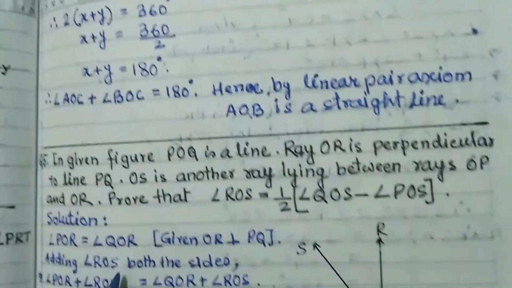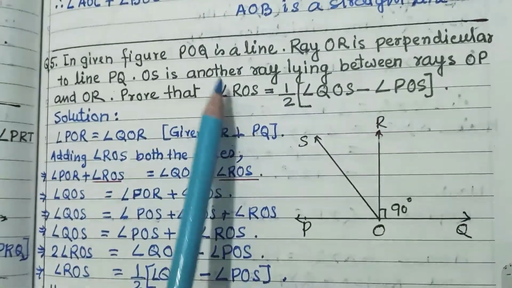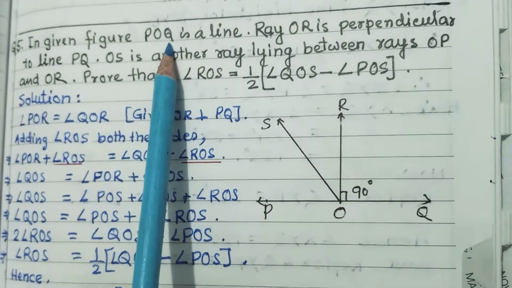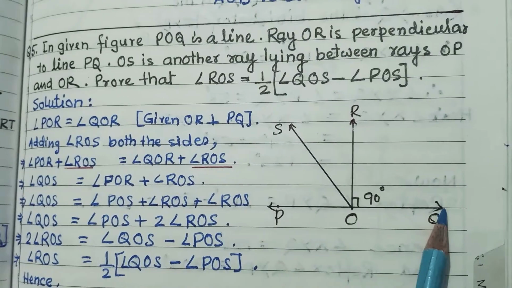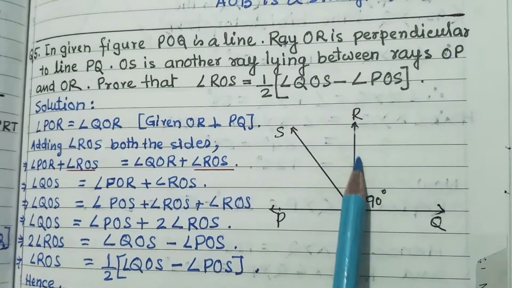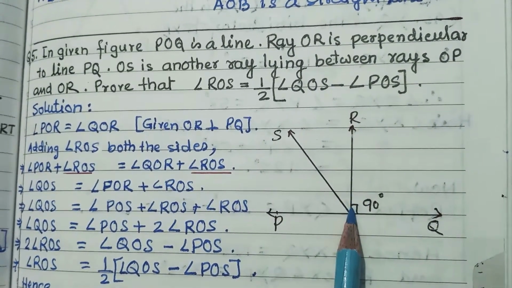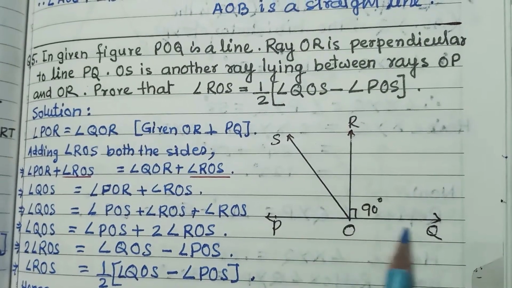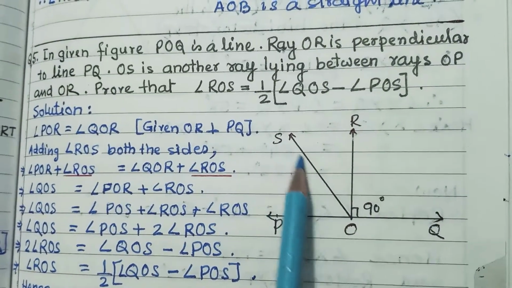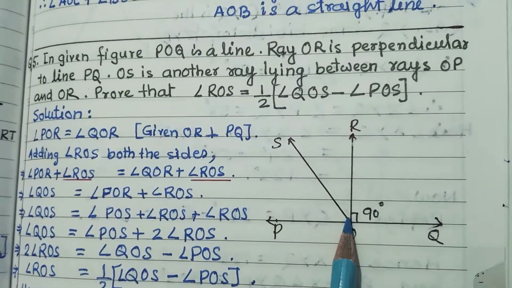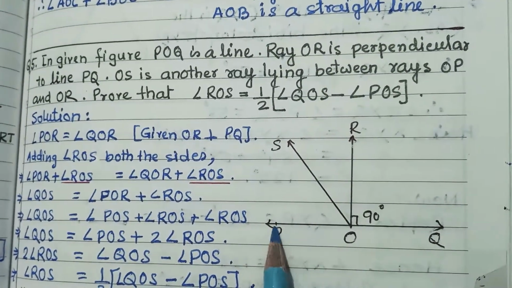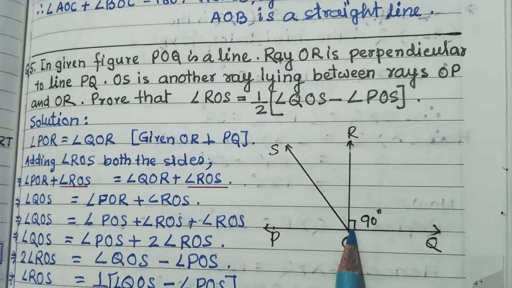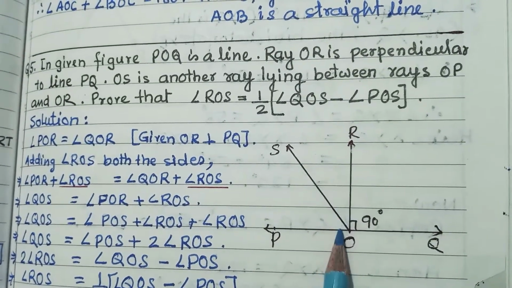Question number 5. In the given figure, POQ is a line. Ray OR is perpendicular to the line PQ. OS is another ray lying between rays OP and OR.